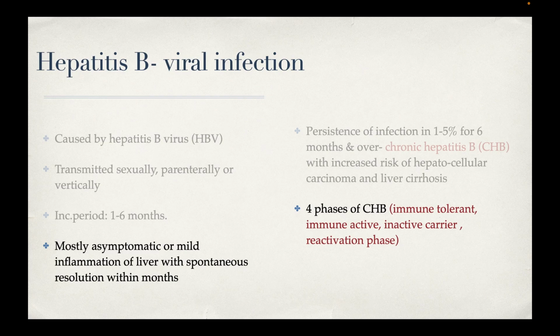In the immune active state, they may also have, together with the liver inflammation, hepatitis B E antigen positivity with elevation of the ALT, and also sometimes fibrosis of the liver.